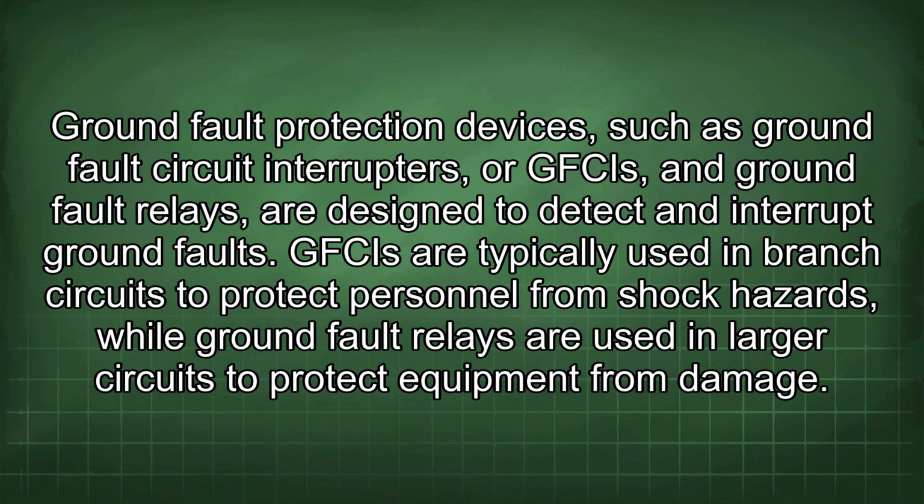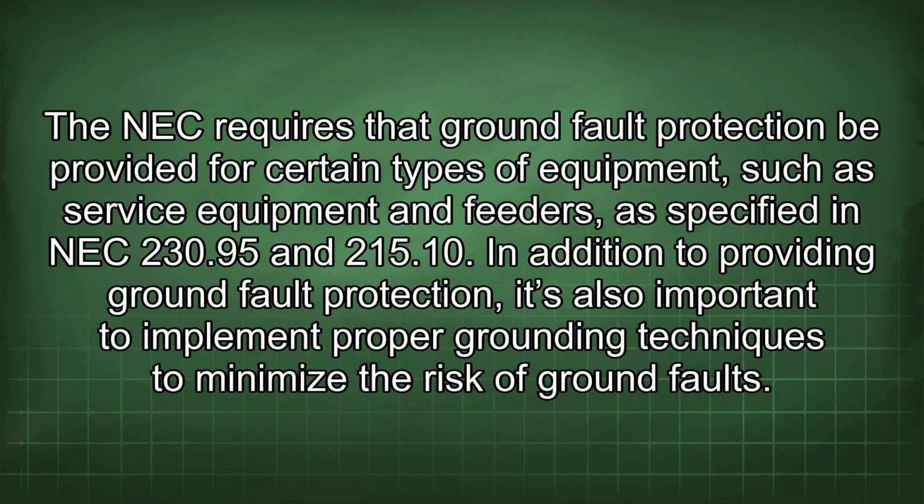GFCIs are typically used in branch circuits to protect personnel from shock hazards, while ground fault relays are used in larger circuits to protect equipment from damage. The NEC requires that ground fault protection be provided for certain types of equipment such as service equipment and feeders, as specified in NEC 230.95 and 215.10.